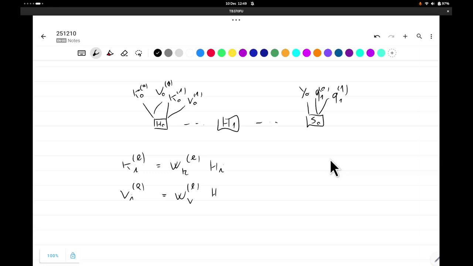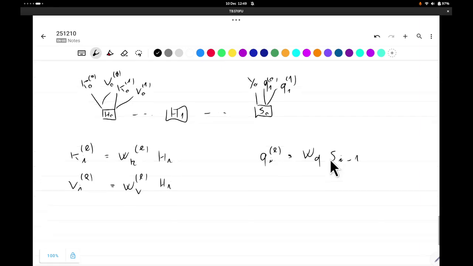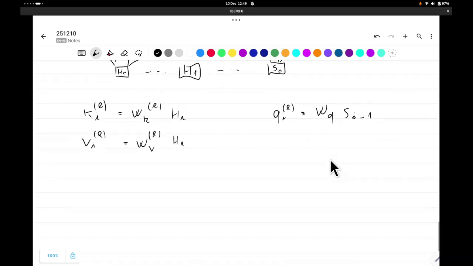V, H, I, and then on the other side you have the W, Q, S, I -1, use -1. Well, I need the other variable, T and T.